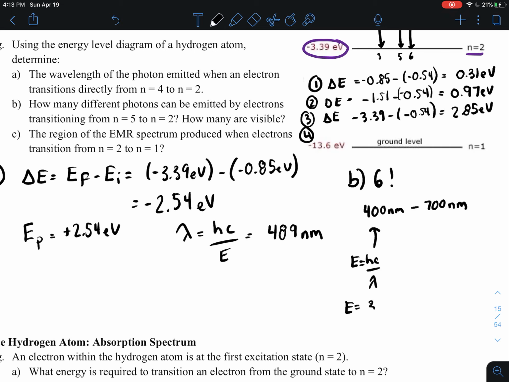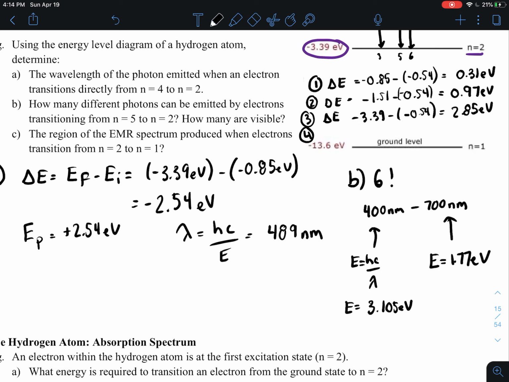I'm looking for something within the range of 3.105 electron volts to 700 nanometers, which has an energy of 1.77 electron volts.